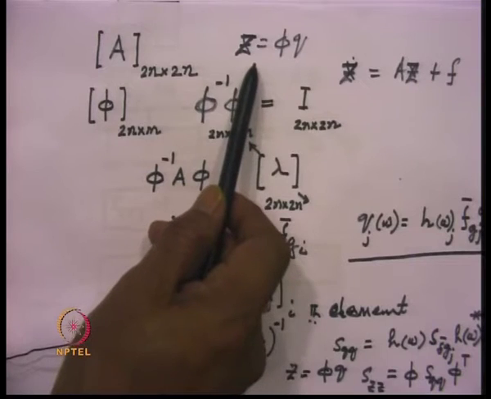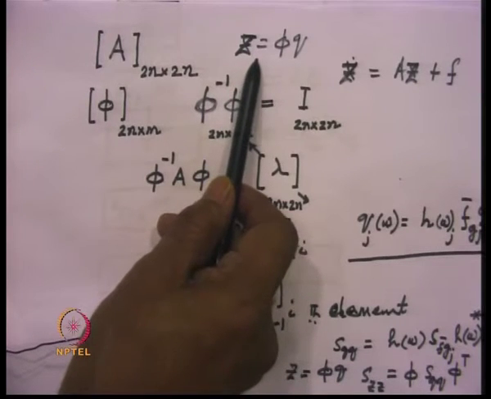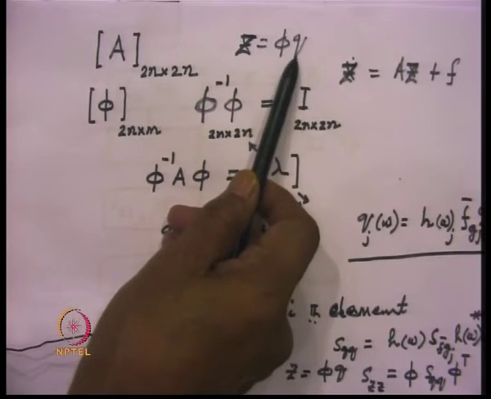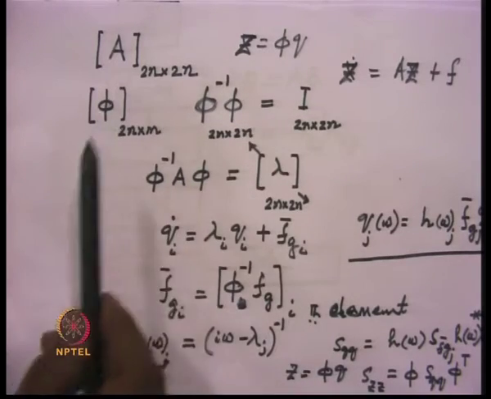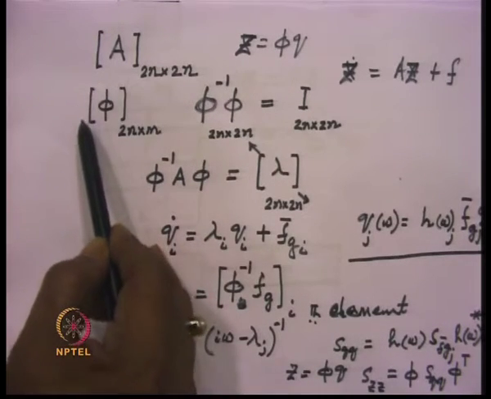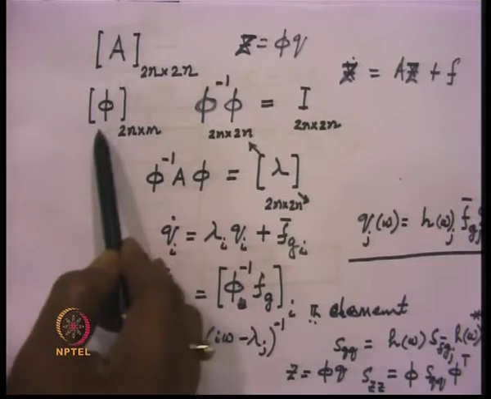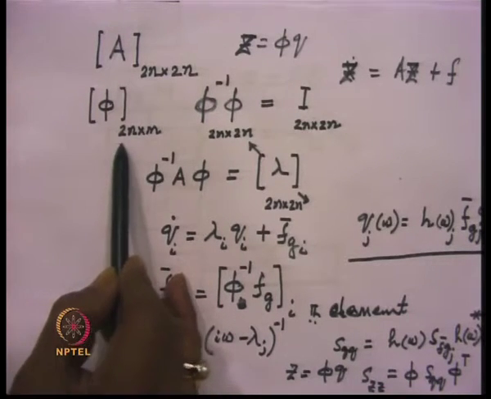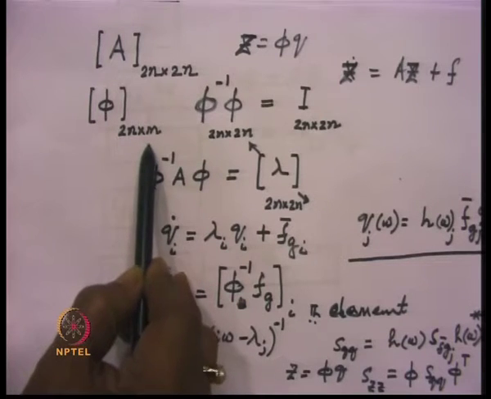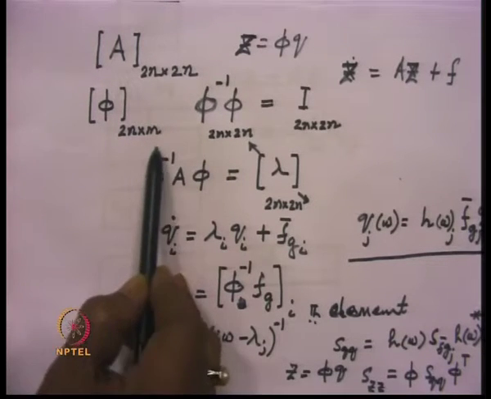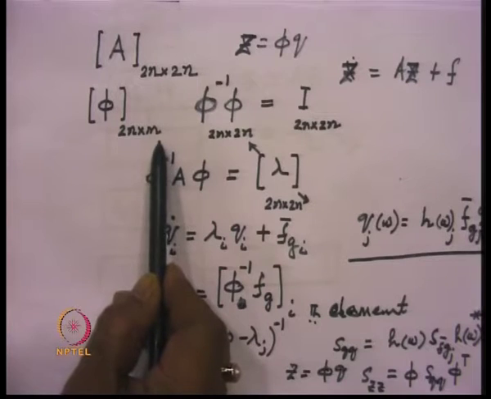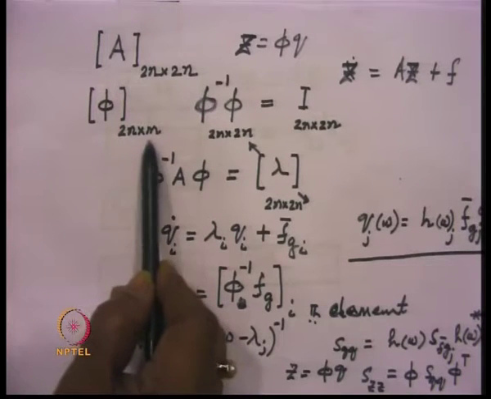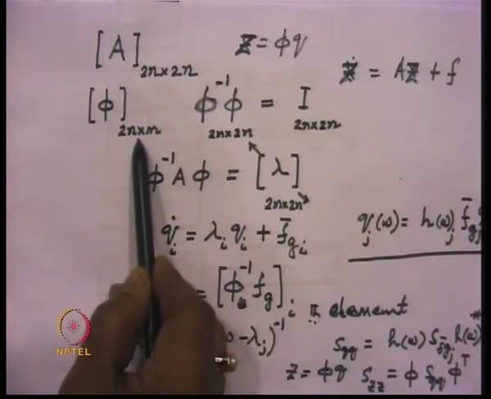So, we write down Z equal to phi into Q, where phi is the matrix of eigenvectors of the matrix A. So, this will be of size 2n by m, provided we consider m number of modes, but if we consider all the modes, then it will be a 2n by 2n matrix.